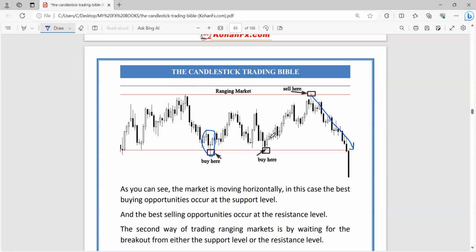Then here you can see these are like tweezer tops or tweezer bottoms, sorry. Yeah, then you have more like a shooting star with a bearish engulfing following it. So you can also use that for added confirmations.